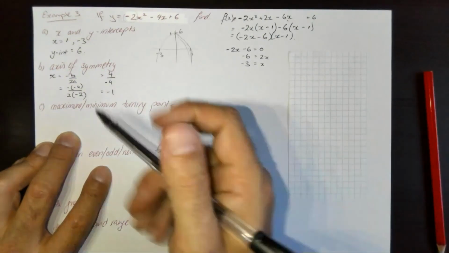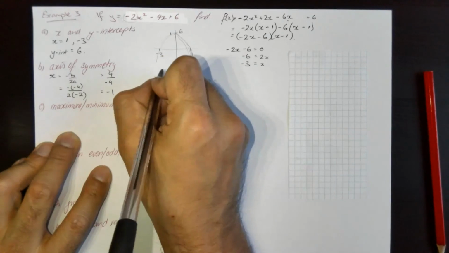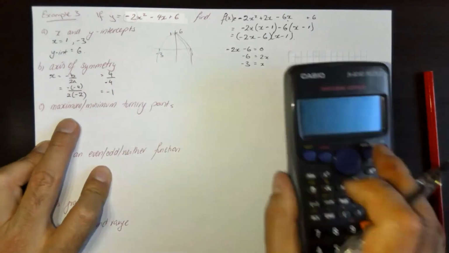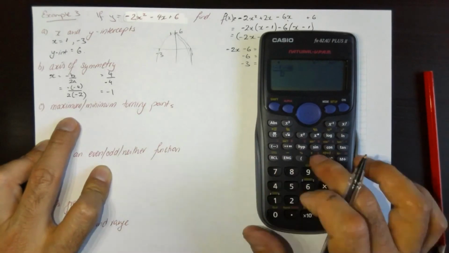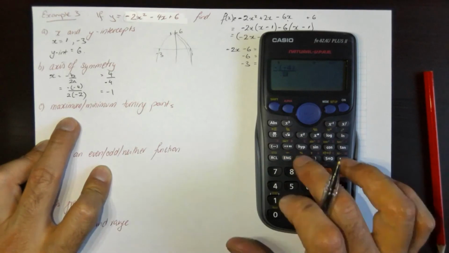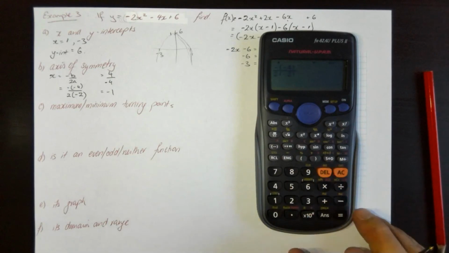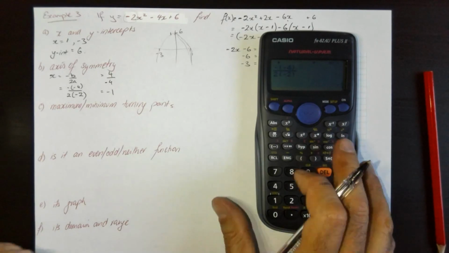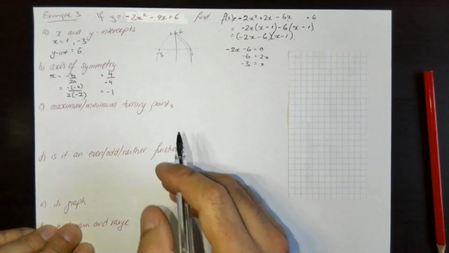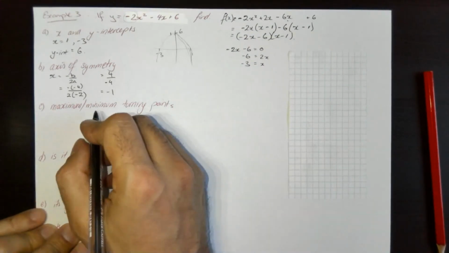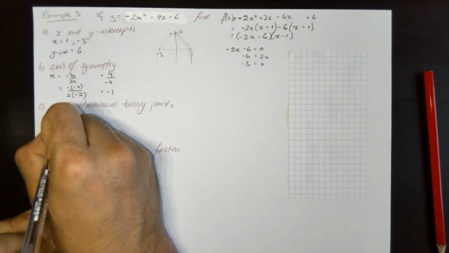I'll just test, just double check. So minus negative 4 over 2 lots of negative 2 is negative 1. Yeah. Okay. So the turning point would happen when f of negative 1 occurs.